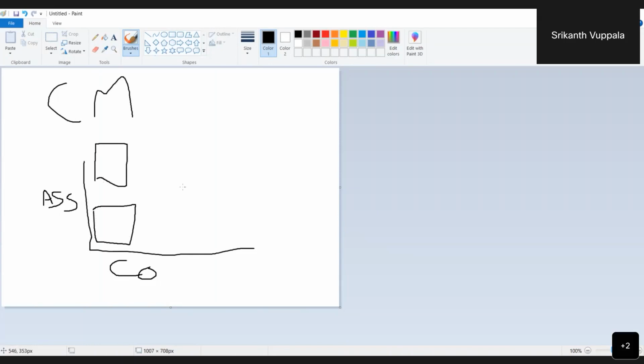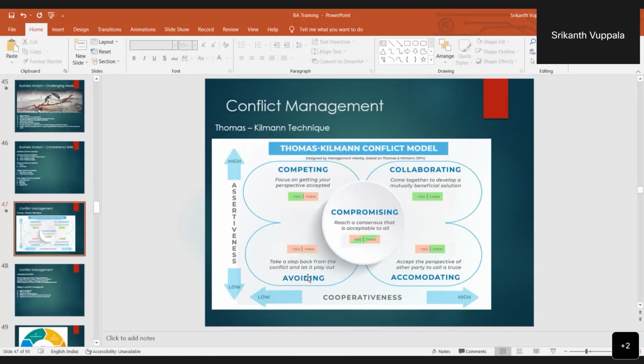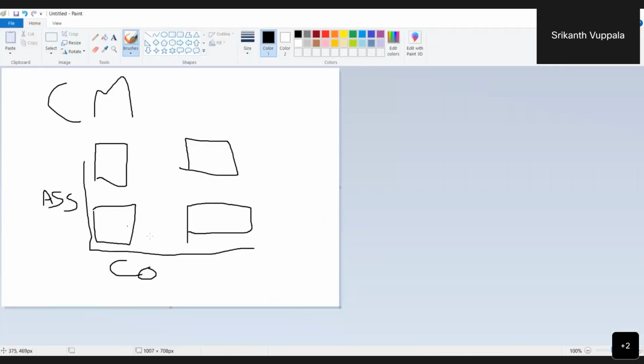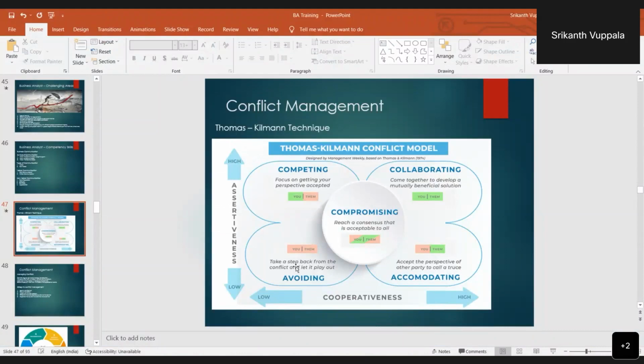Okay, and the people who are more assertive and less cooperative, and less assertive and less cooperative. Okay, so this section of people take a step back from conflict and let it play out.